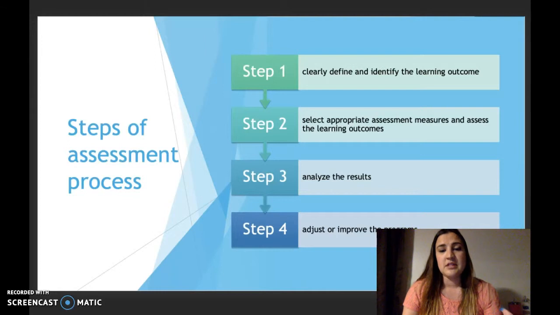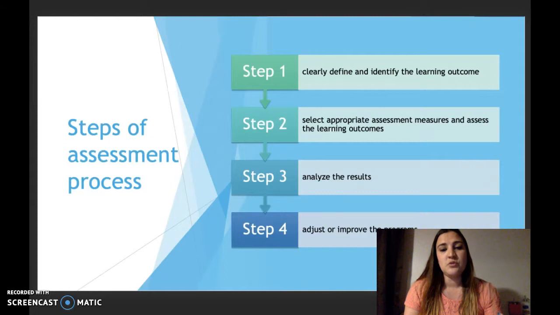You have to select what the appropriate assessment and measuring tools are going to be for making sure that students are meeting those learning outcomes. The third step would be to analyze the results, score tests, give assessments to check students' knowledge on the subject or learning outcome.